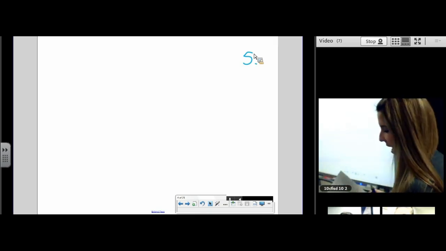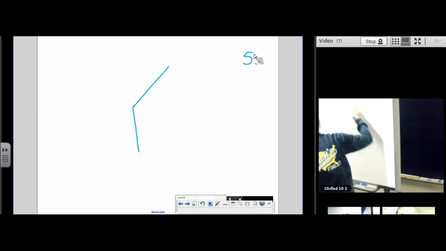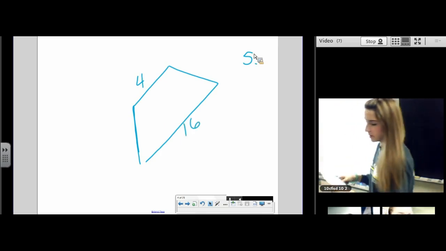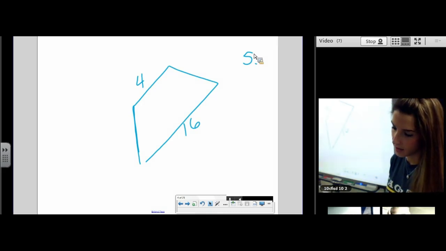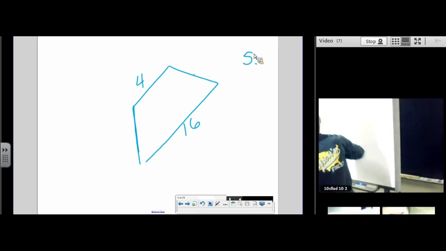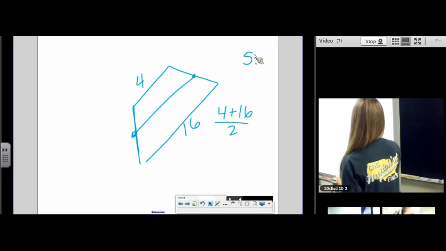Okay, number 5 on the trapezoid side. It says that TS, that's a horrible trapezoid, sorry, I'm trying to draw it sideways. TS is 4 and QR is 16. It's asking to find XY, which is the median. It's the mid-segment. So the mid-segment is the average of the bases. You add up the bases and divide by 2.